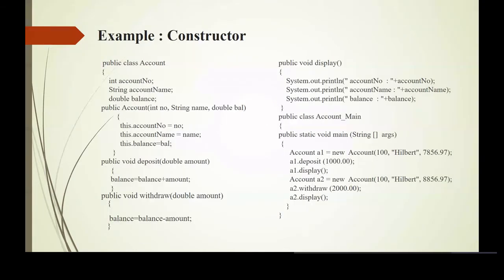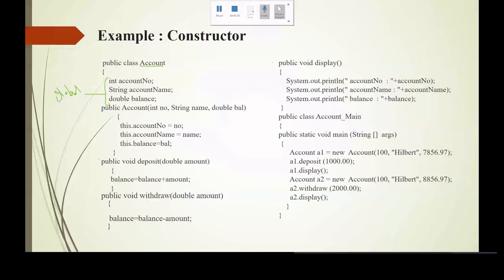This is an example. We have a class called account, and this class has a few attributes, and these variables are global variables. Global variable means all the methods inside the class can use this variable.